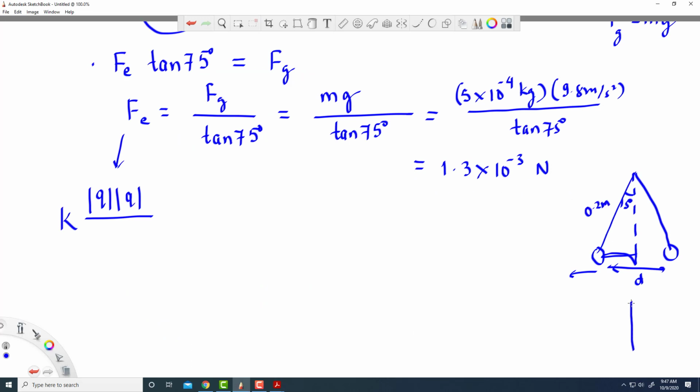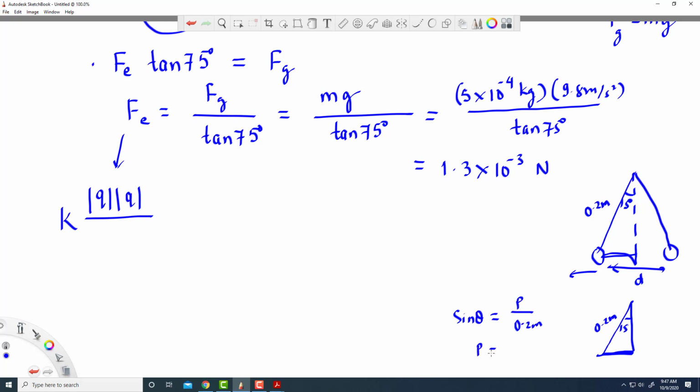So we have this triangle with this angle 15 degrees, and this is 0.2 meter. So we can find this distance, which would be using sine theta. Sine theta would be that perpendicular distance over that 0.2 meter.